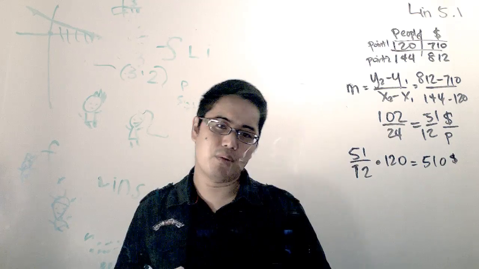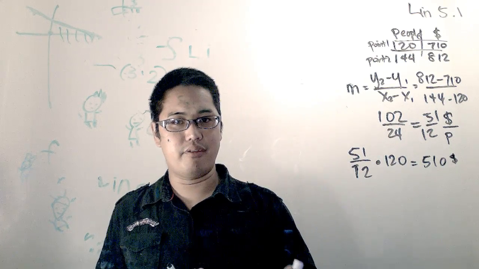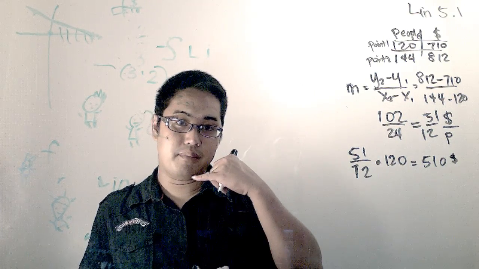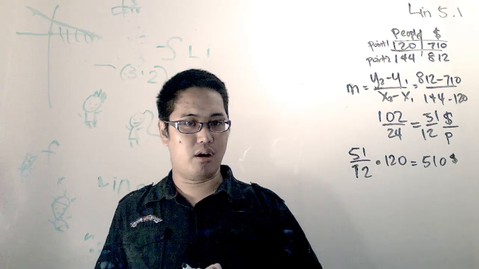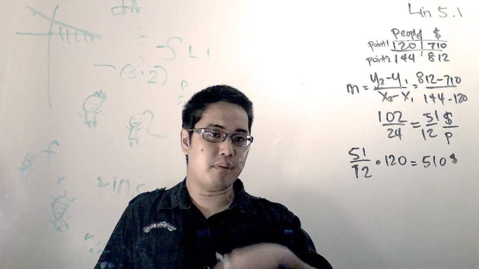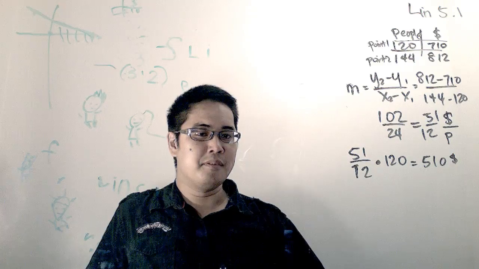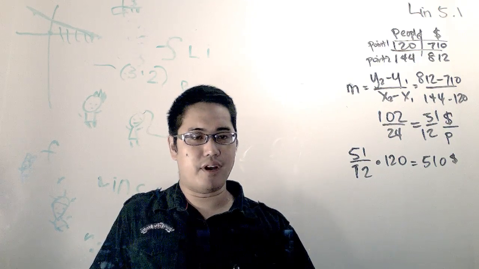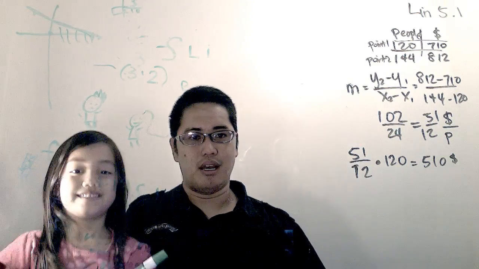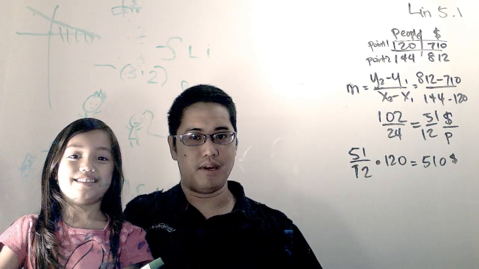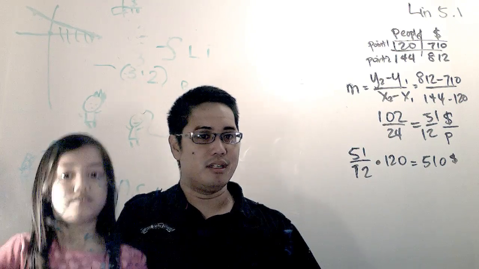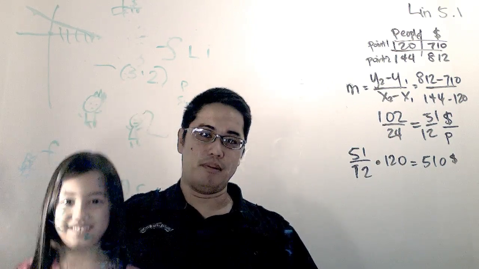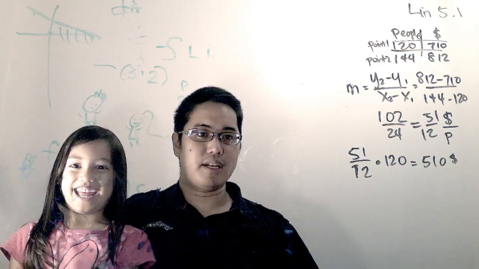So one way I can look at this is I think to myself, I'm the faculty from the school, and I call up the theater and I say, how much money are you going to charge me per person? And they say, well, we're going to charge you $4 and however many cents, depending on what 51 divided by 12 is. And I say, all right, fine, I'm going to bring 120 people, and they're going to say, well, that's $710.